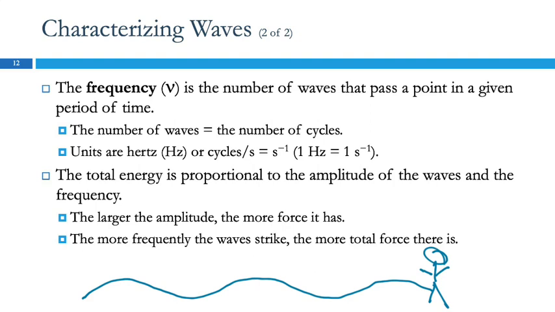So assuming that these waves are traveling at the same speed, here you might count 1 wave, 2 waves, 3 waves. So maybe you get 30 waves in a minute, right? What if the waves were a lot bigger?